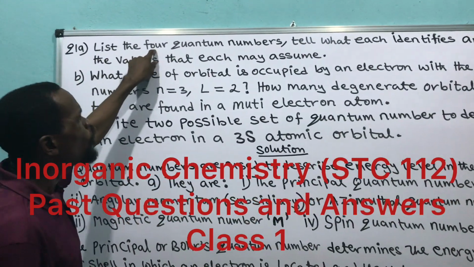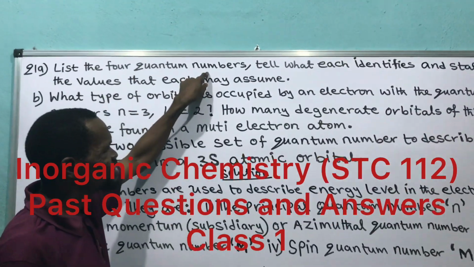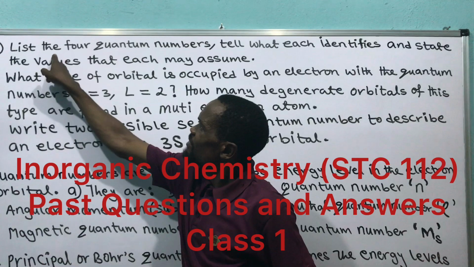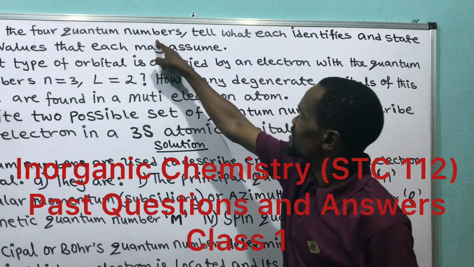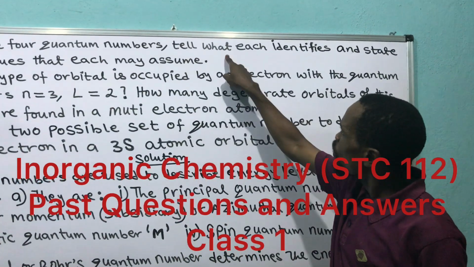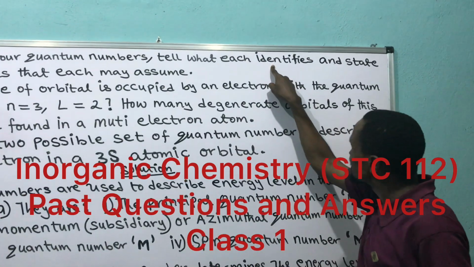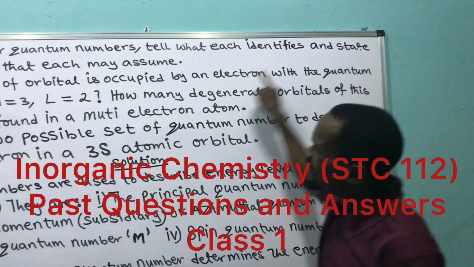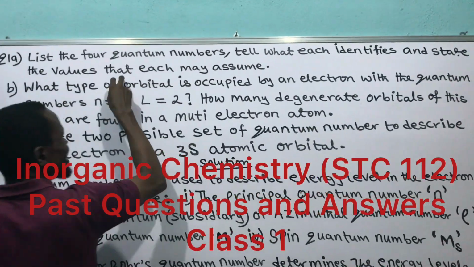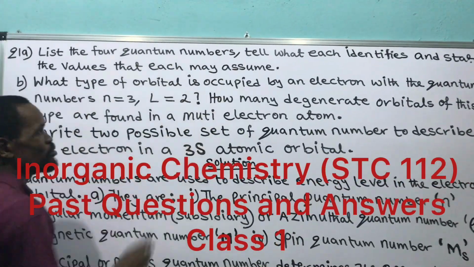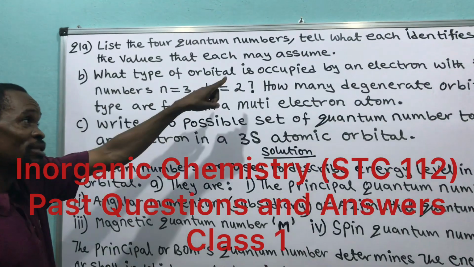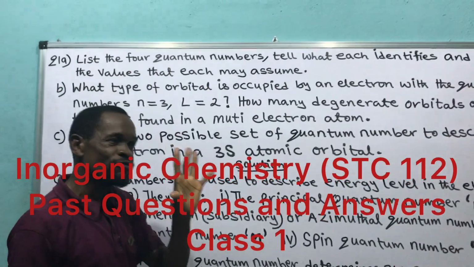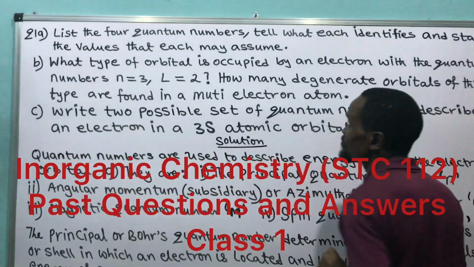List the 4 quantum numbers, tell what each identifies, and state the values that each may assume. How many things did they say we should do here? First, list the 4 quantum numbers.